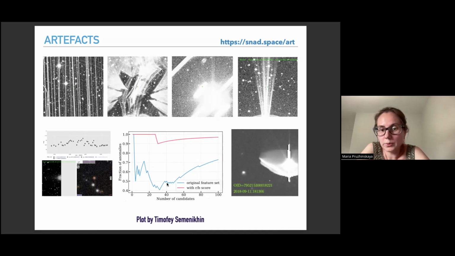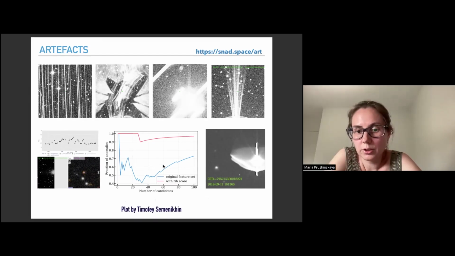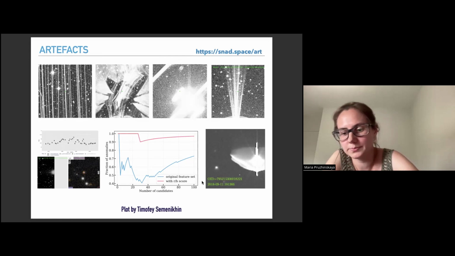Without this additional feature, a lot of objects among the outliers are artifacts. But if we use the output from our real bogus classifier, the situation improves, and we really have a small amount of these bogus light curves.